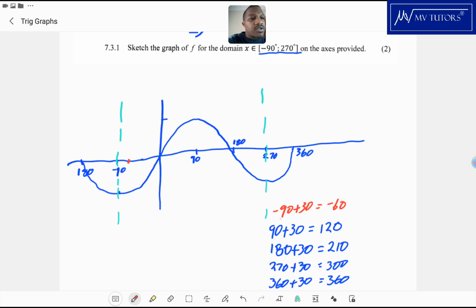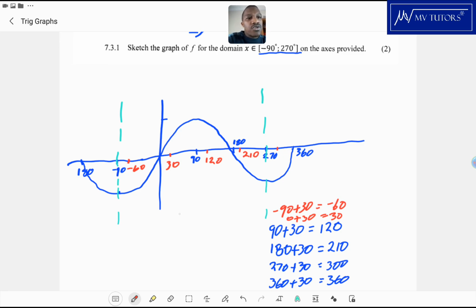We are also missing 0 plus 30, which equals 30. So 0 becomes 30. It's minus 60. 90 becomes 120, over there. 180 becomes 210. 270 becomes, do we need it? We don't need it, but it will become 300, because it's outside of our bounds.